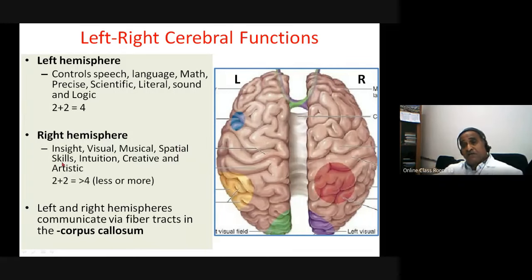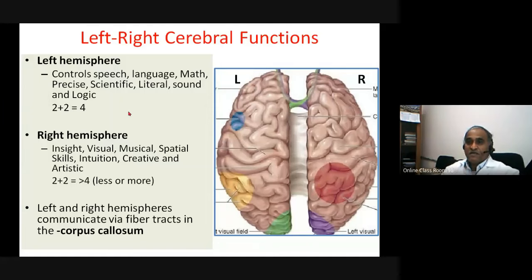And it is for the skills, for the intuition, for the creation, and for the artistic components. So that means the left hemisphere is simple, straightforward, scientific and logical.